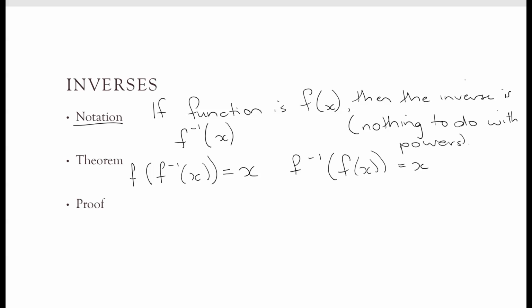And the proof is that that is true. And you can just try it with a number, or you can do it algebraically. Let's do it algebraically in a moment on the next slide when we're going to test for them.